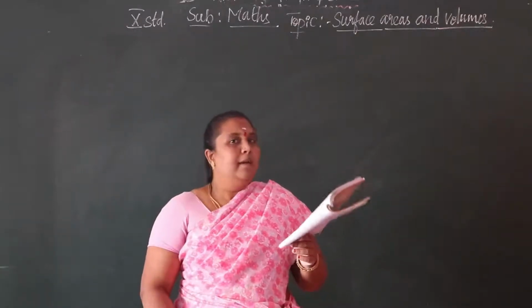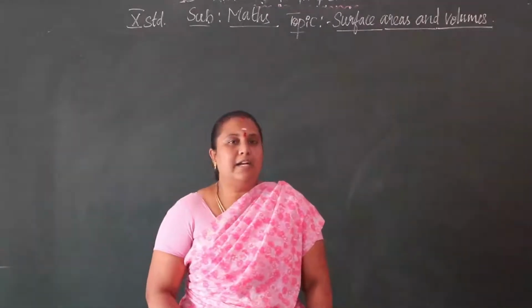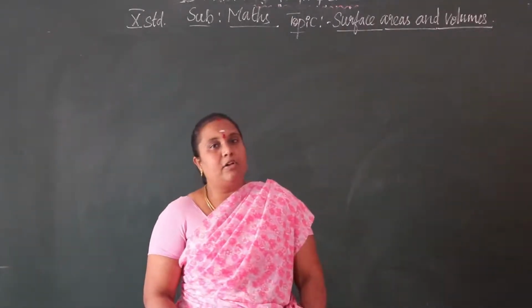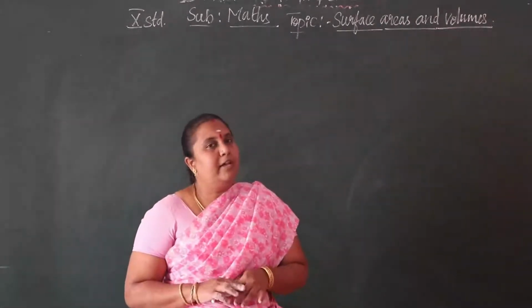Find the height of the platform. So 22 meter by 14 meter means length and breadth. We have to find the height of the platform, so it is in the shape of a cuboid.